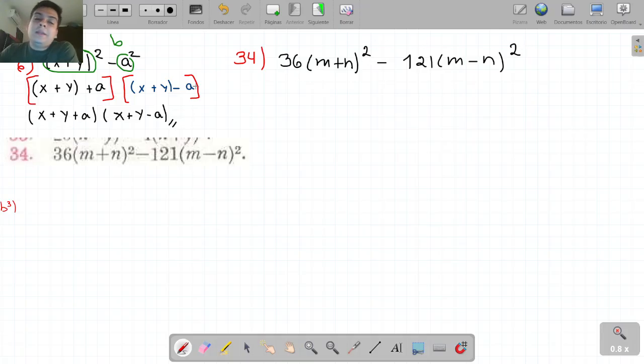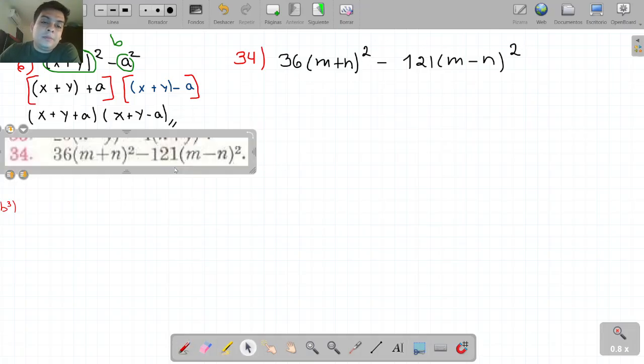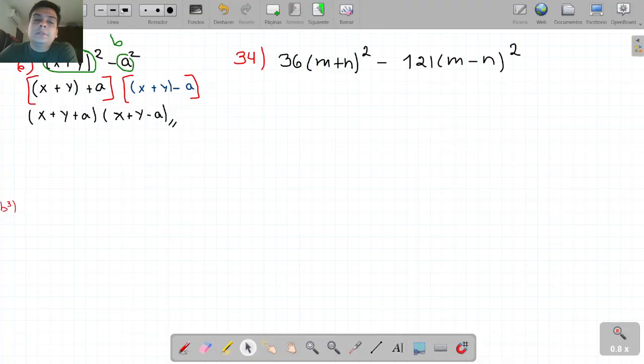Now this may look, I don't know, ridiculous, but it's the same logic. The 36, we can write as 6 squared. We just copy the same things. M plus n squared. 121 is 11 squared. We copy the same. And minus n squared.